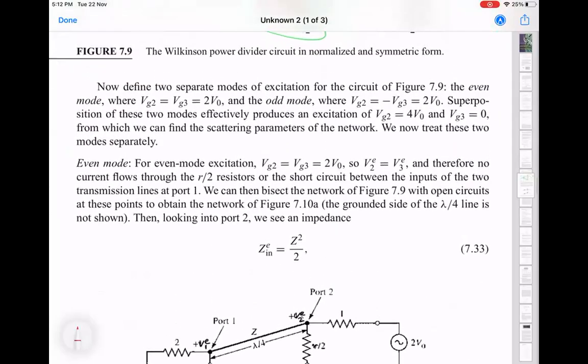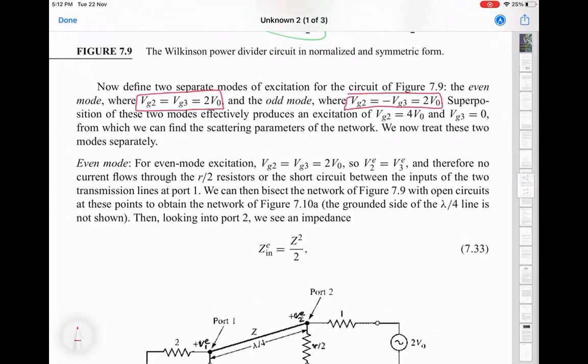So these are the specific things they have used in this analysis. Why 2V0? It's just a convention. It simplifies things later on. But they use in one case what we call the even mode excitation.